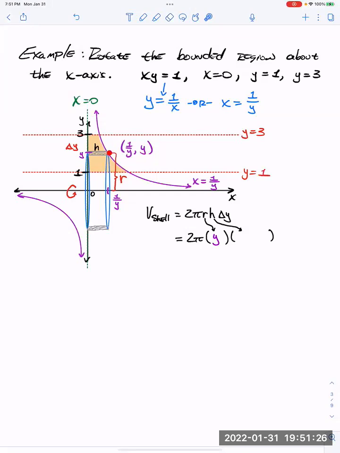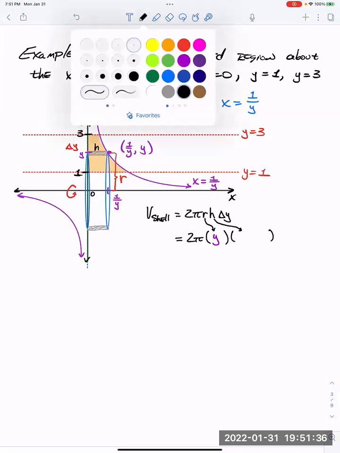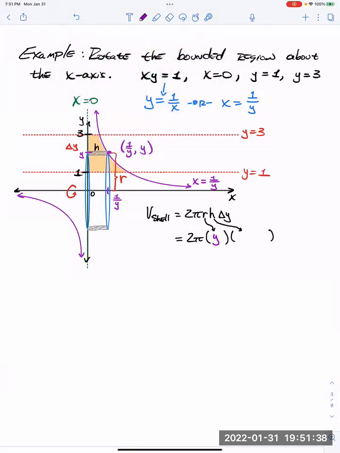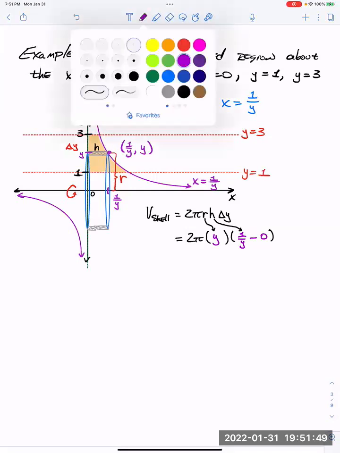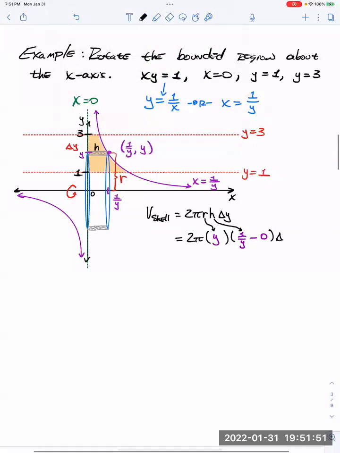So my larger x value is 1 over y. What's my smaller x value? 0. 0, that's it. So my larger x value is 1 over y, subtract the smaller one, which is 0. There it is. And then don't forget, we don't have delta x's, we have delta y here.